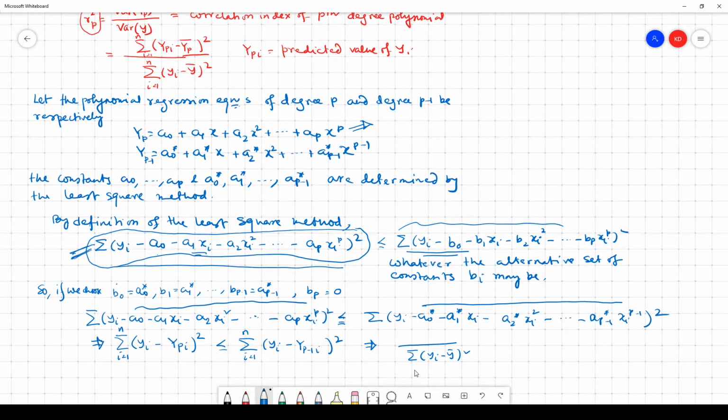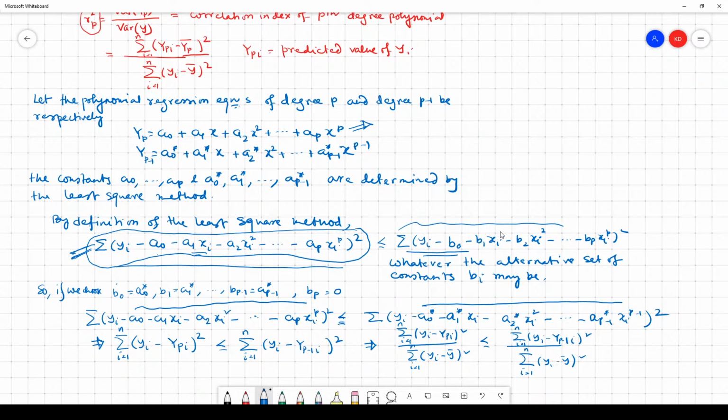Therefore I divide both sides by the sum over i from 1 to n of yi minus y bar whole square, hence the inequality is unchanged.